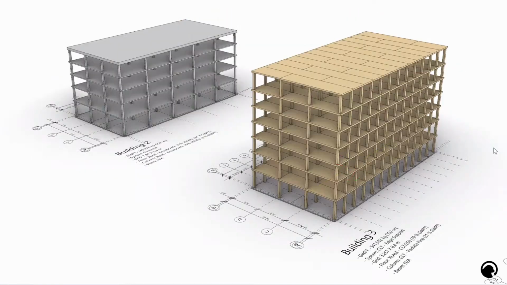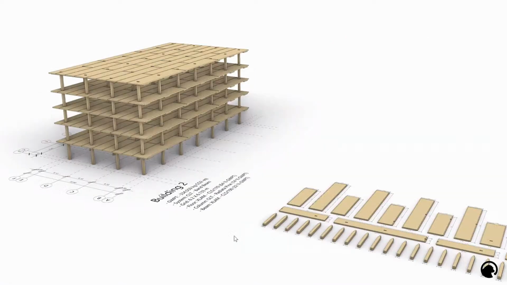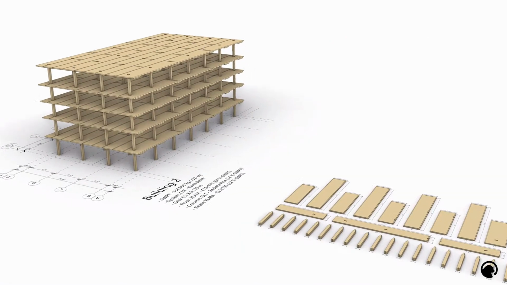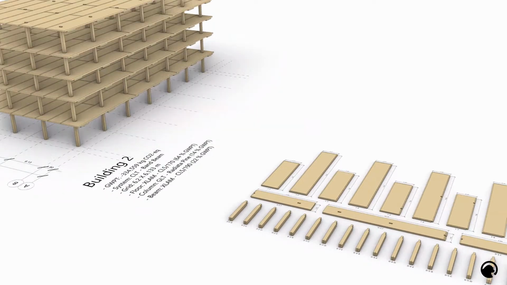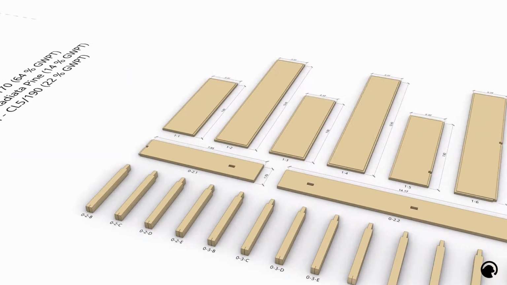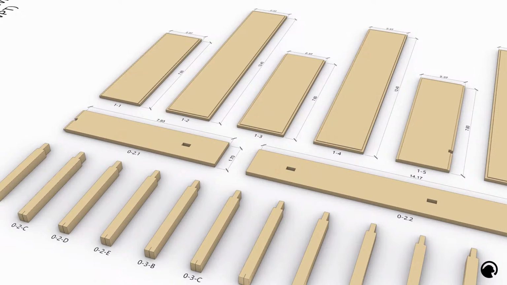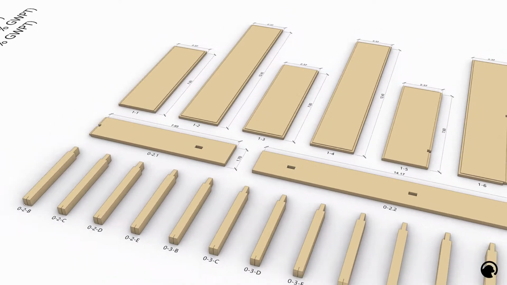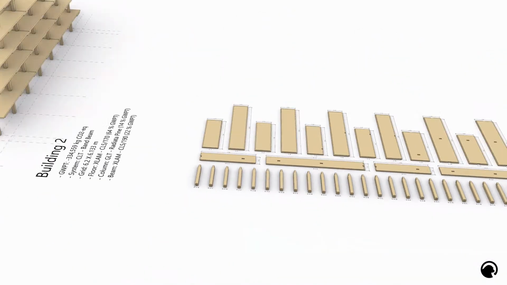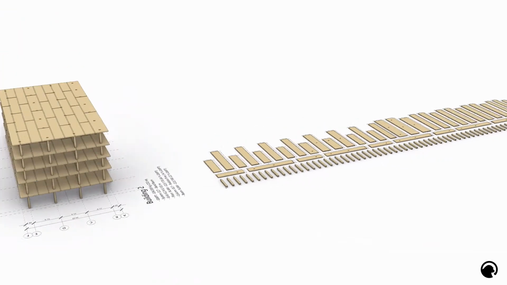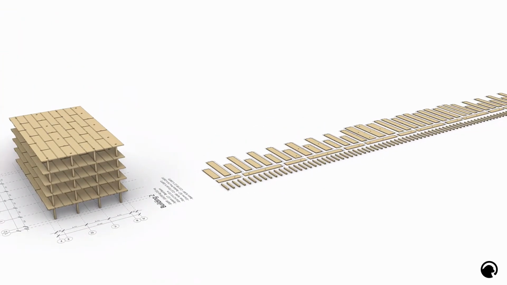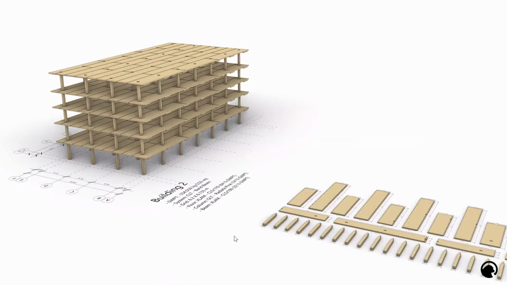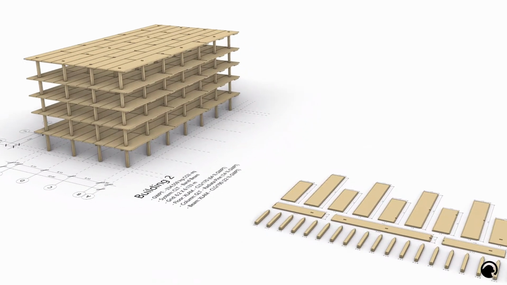And then, once you've embedded all of that actual manufacturing logic into it, you can start to generate fabrication models for this. So we can start to simulate how it's built. We can start to count how many parts there are.